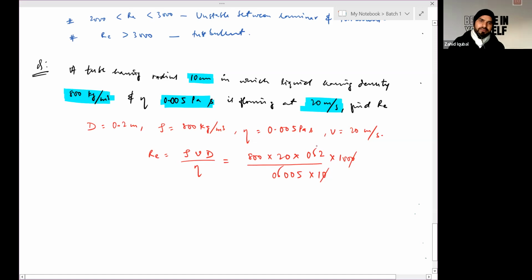So 2 into 2, 4, 8 into 4, 32, divided by 5, so it will be 6.4 into 10 to the power 2 plus 1, 3, into 10 to the power 5, which is very large. You will say it will be turbulent flow.